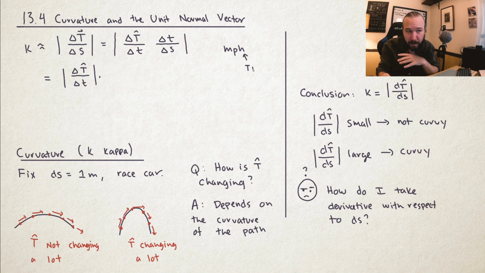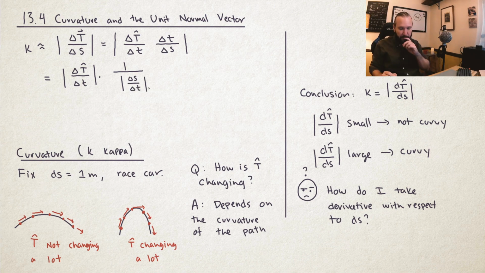So the time needs to go in the denominator. So I'm just going to do a little invert and multiply to make this look nicer. I'll put 1 over, and then invert that thing right there, so I'll get delta s over delta t.